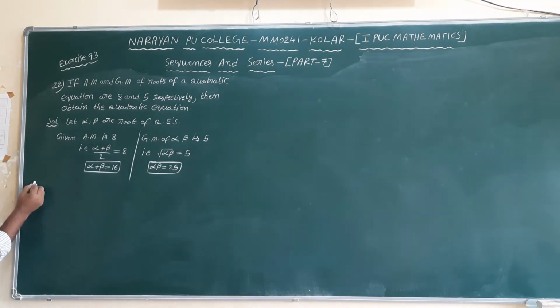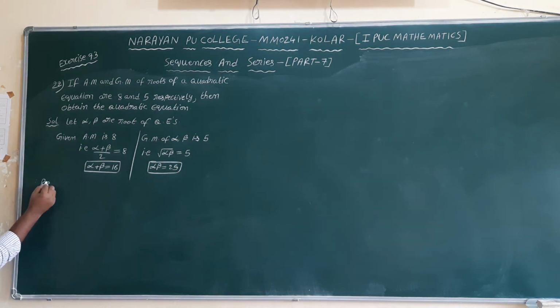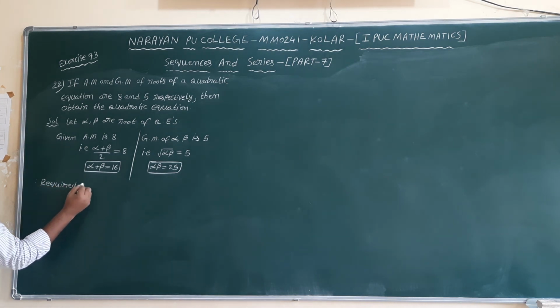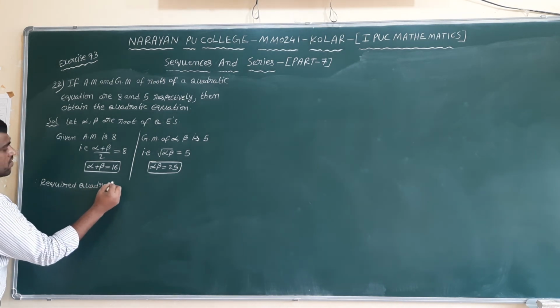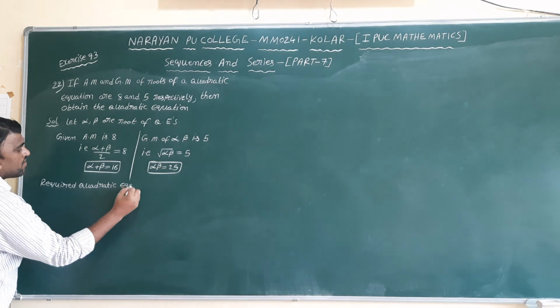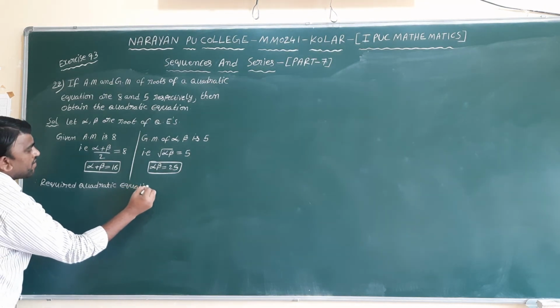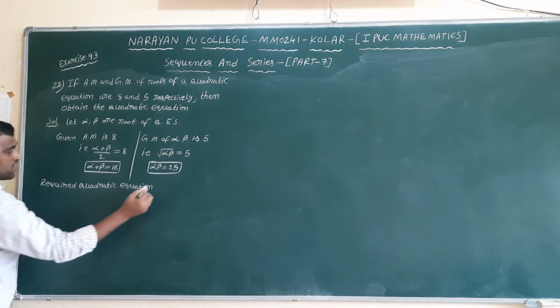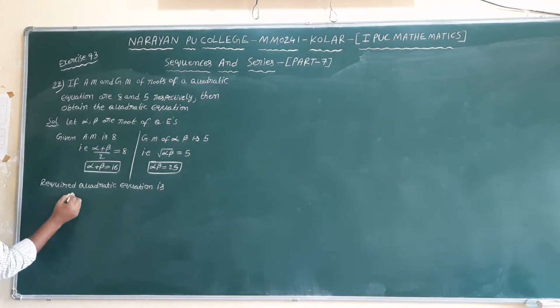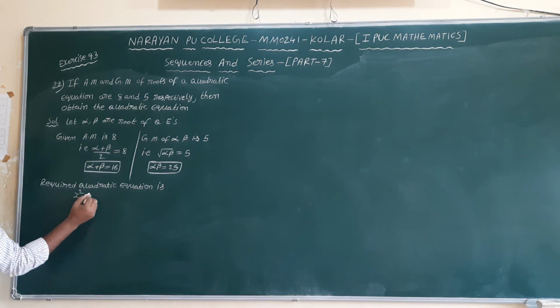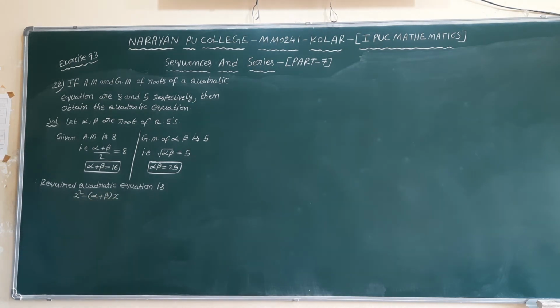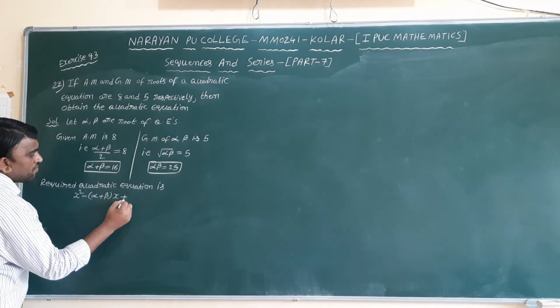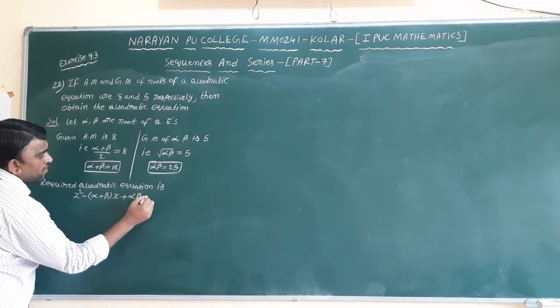So therefore, the required quadratic equation is, formula: x square minus summation of the roots into x, means alpha plus beta into x, plus product of the roots is equal to 0.